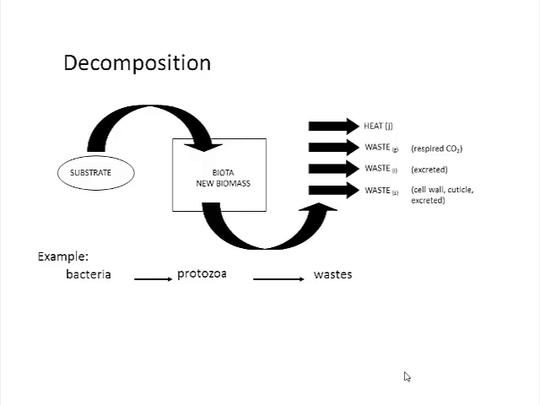The gas is always the respired material. Eukaryotes, it's CO2. Waste liquid is usually to get rid of waste nitrogen. For protists, it's ammonia. A lot of invertebrates, it's ammonia. And then there's the solid parts, which is the undigested material. It will include a lot of the cell wall material, the cuticles, and things that are not so easily digestible.